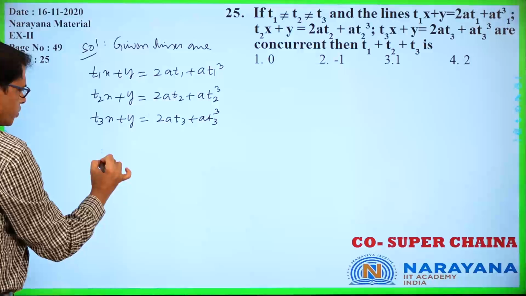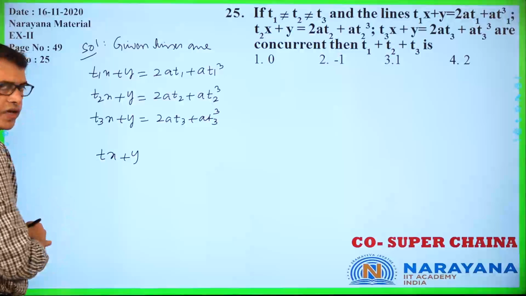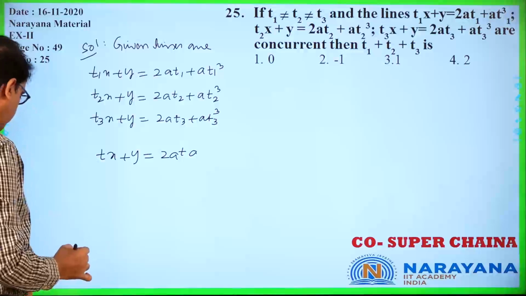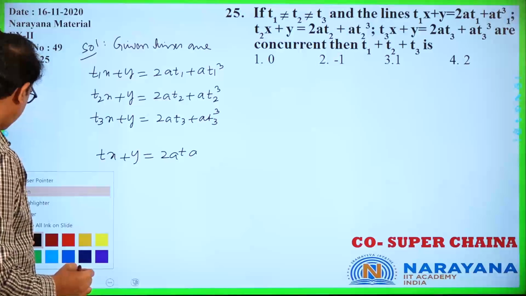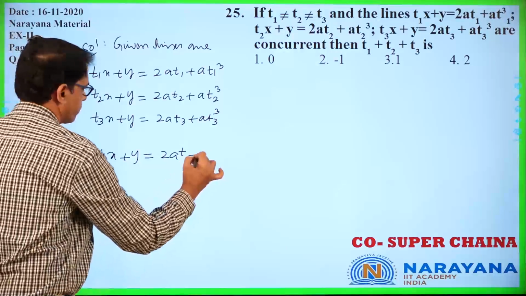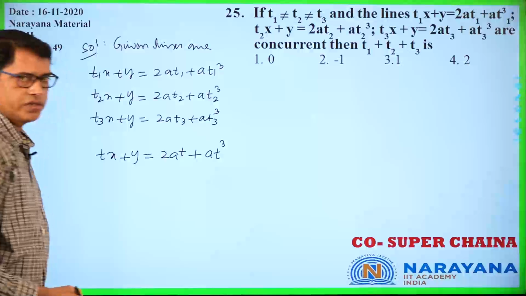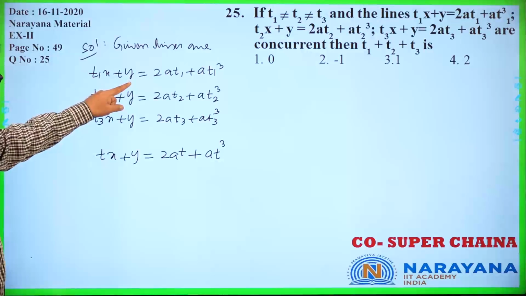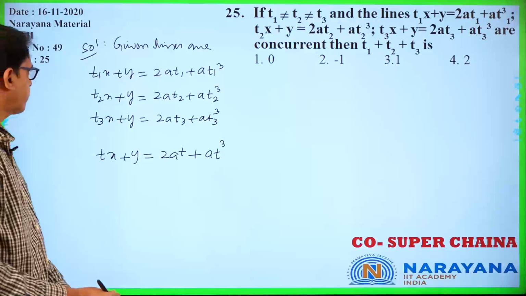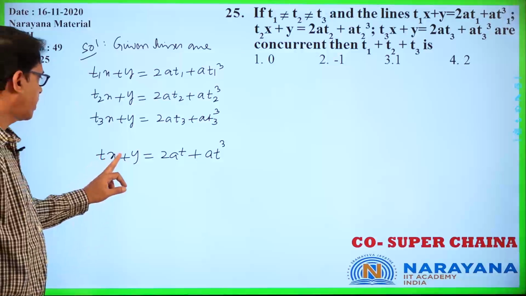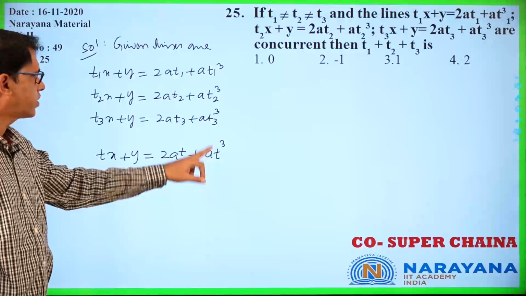If you take the equation tx plus y equal to 2at plus at cube, this is the equation. If t1 is a root, then t1x plus y equal to 2at1 plus at1 cube.